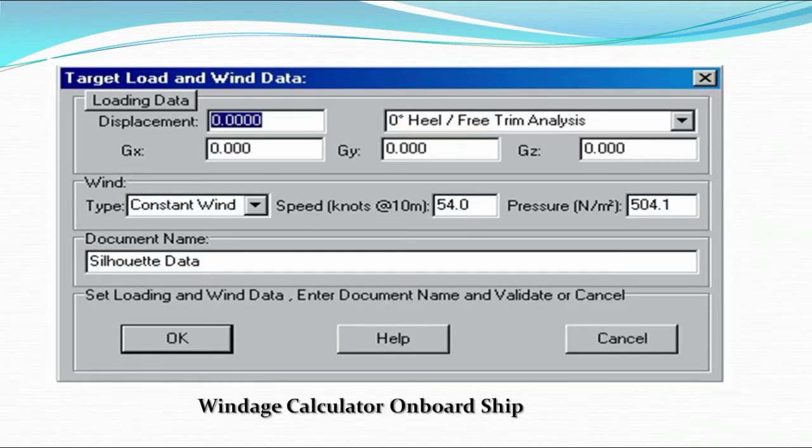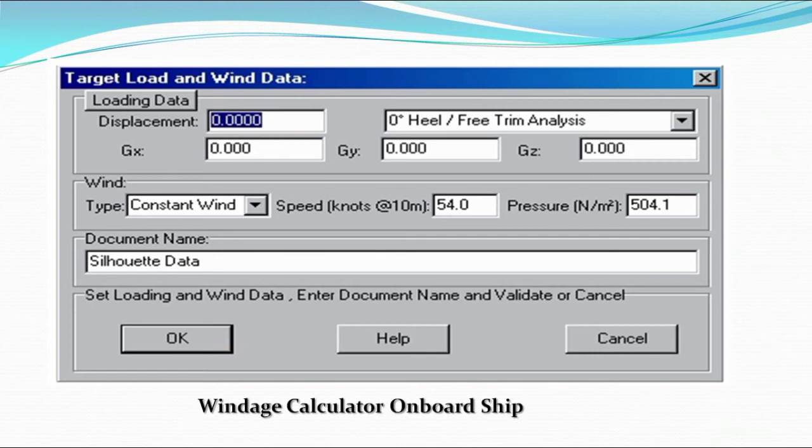So let us not worry, because on board the ship we have this calculator, the windage calculator. It is included in our stability computer program, in which we just enter our displacement, and then it will give the x-axis, the y-axis, and then the GZ, no? Then we provide the wind speed and the course, the direction of the wind.